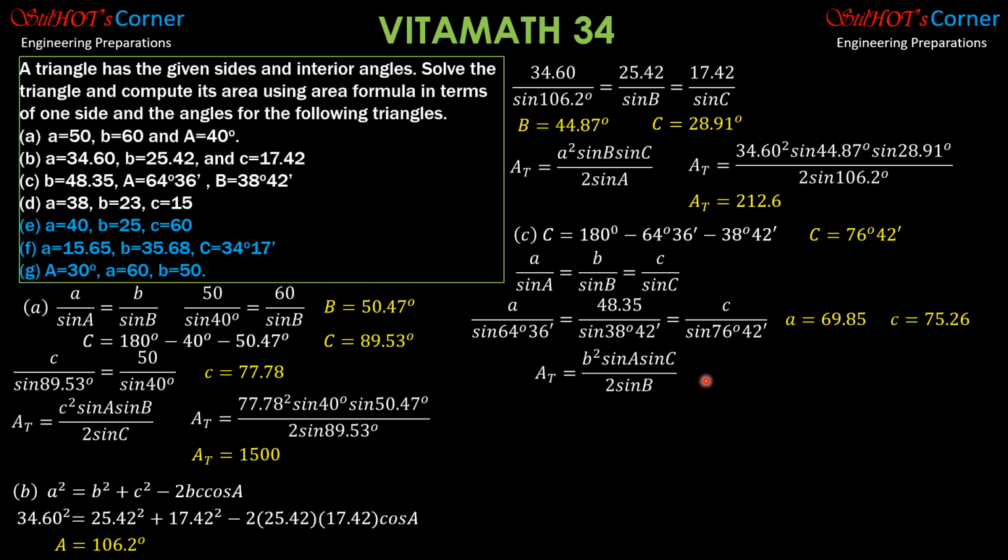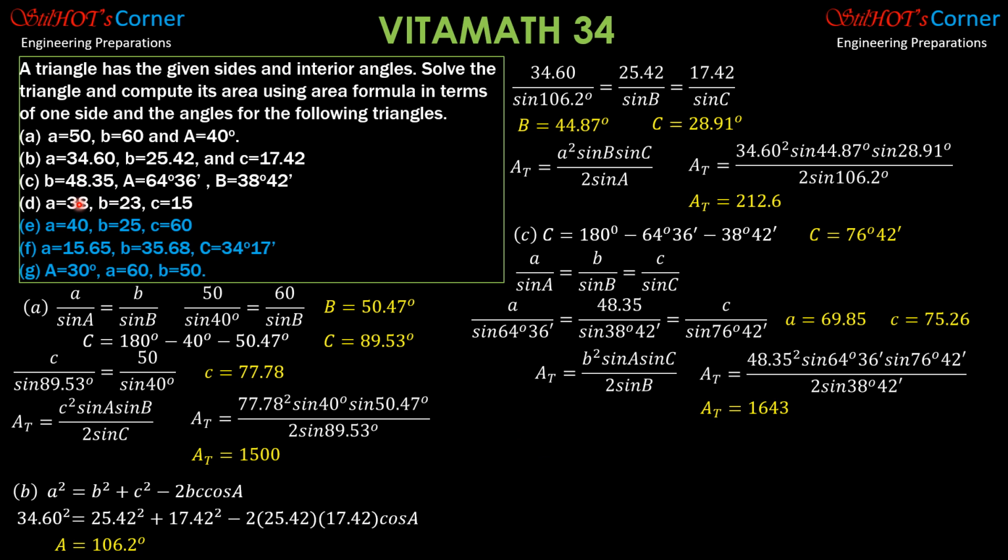So B is equal to 48.35 square, then sine of 64 degrees 36 minutes, sine of C, which is 76 degrees 42 minutes, over 2 sine of angle B, which is 38 degrees 42 minutes. So area of triangle is equal to 1643 square units to 4 significant figures.